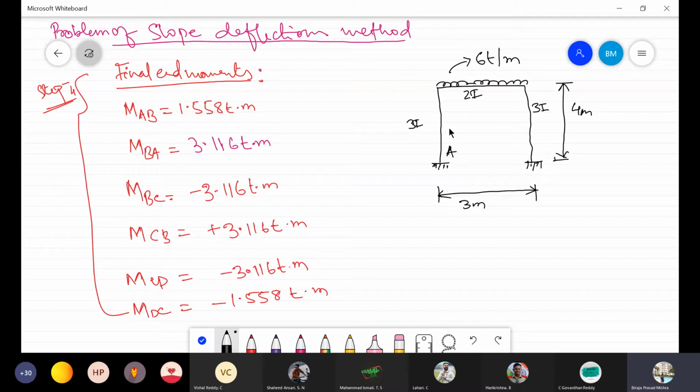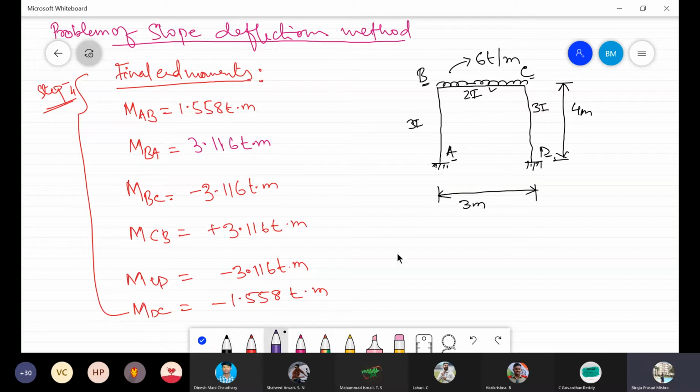So this is A, this is B. Node A is this one, node B is this one, node C, this is node D. Okay. So let's take first BC.